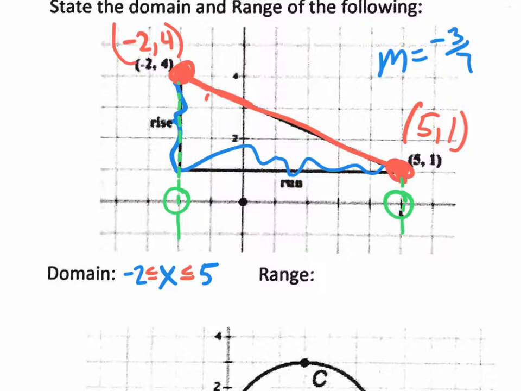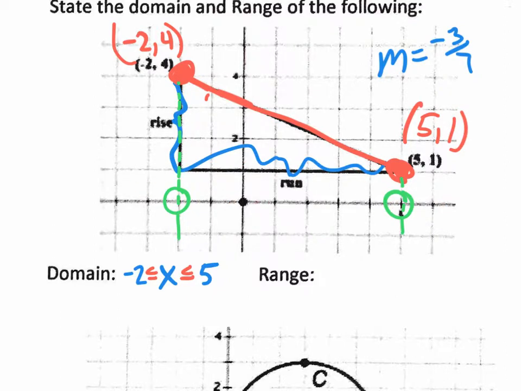Now the range. The range is the same concept, but instead of looking at your x number line, we're going to be looking at our y number line. Okay? So let me do this in yellow. Does a red segment exist at positive 5? No. Does it exist at positive 4? Yes. At 3? Yes. At 2? Yes. At 1? Yes. At 0?